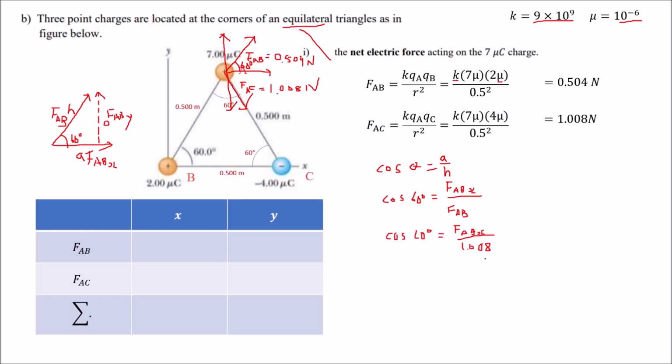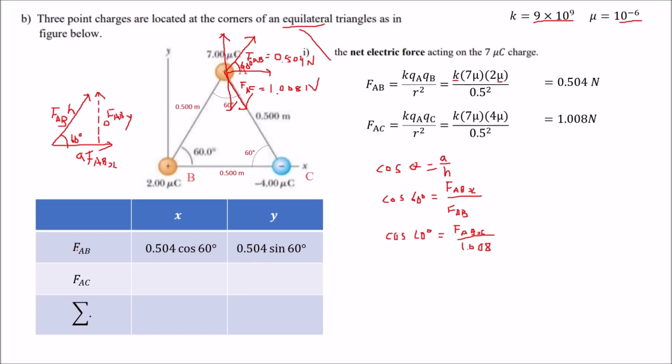Then we put in the value and we get the answer. Oh, we get y first. Okay, x will be 0.504 cos 60, and then the y component will be 0.504 sin 60, because sin is opposite over hypotenuse. So yeah, just like this one, and then you get the answer.